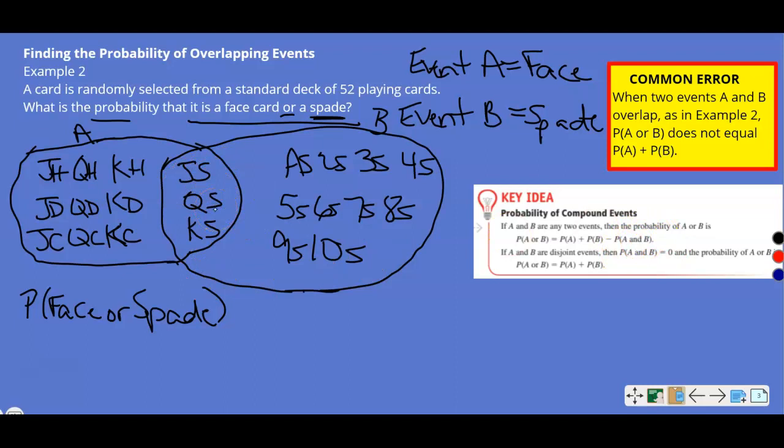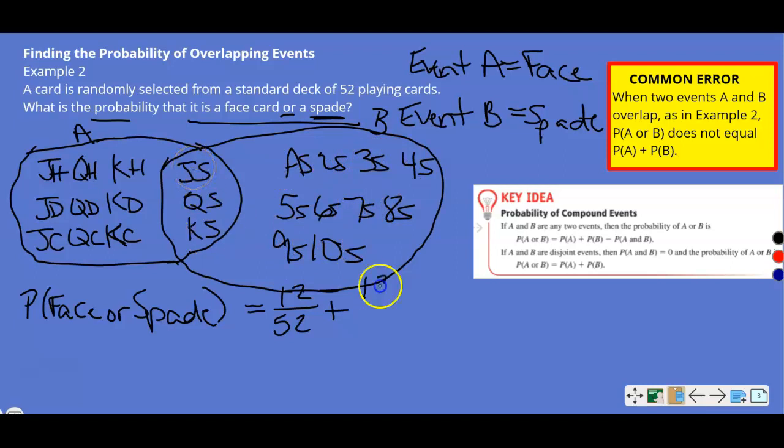All right, so let's first see what is the probability of event A. So 1, 2, 3, 4, 5, 6, 7, 8, 9, 10, 11, 12. So there's going to be 12 out of the 52 card deck. And then we have plus the probability of B. So that's spades. So there's 1, 2, 3, 4, 5, 6, 7, 8, 9, 10, 11, 12, 13.